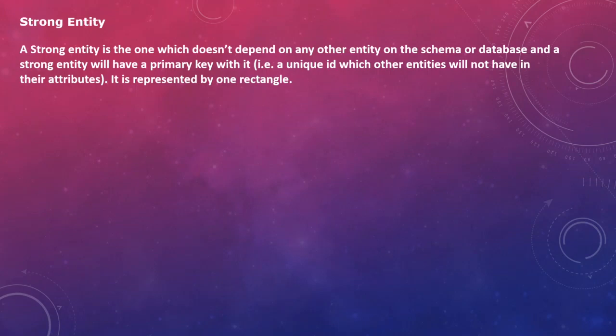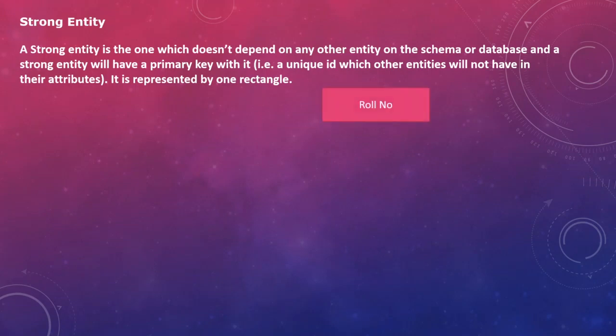So a strong entity can stand alone without depending on any other entities in the database. These strong entities are represented by one rectangle. So when we draw the diagrams, the strong entities are represented by a single rectangle like this.